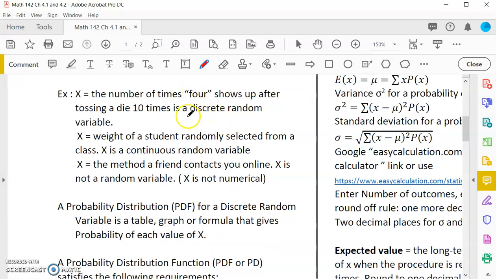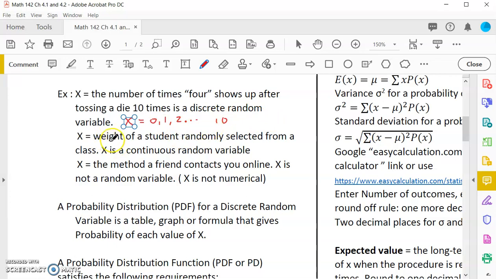What is the possible value? I could have x equal to 0, 1, 2, up to 10 because I tossed 10 times. I don't think it would happen, but I could have none of 4, all 10 being different numbers, or I could have 10. In my case, I have four 4s.